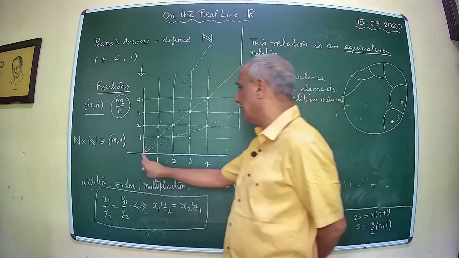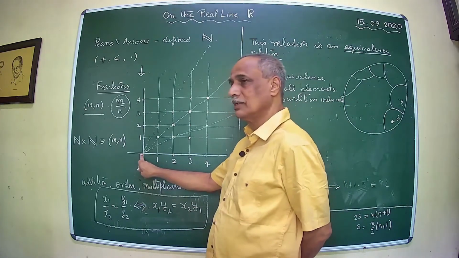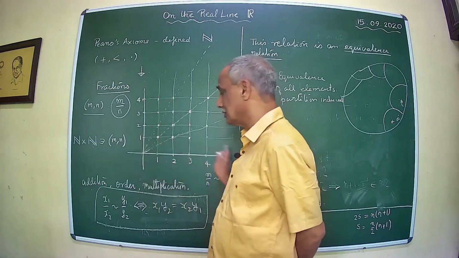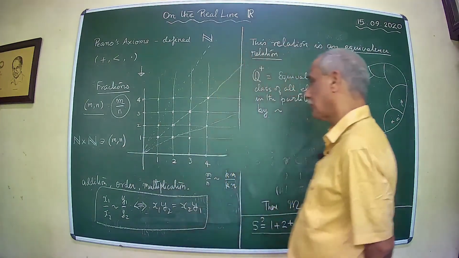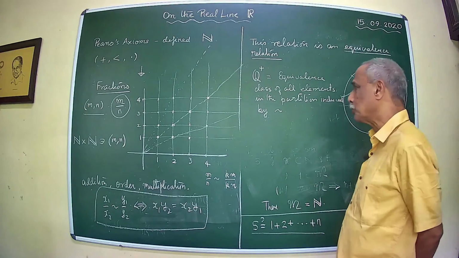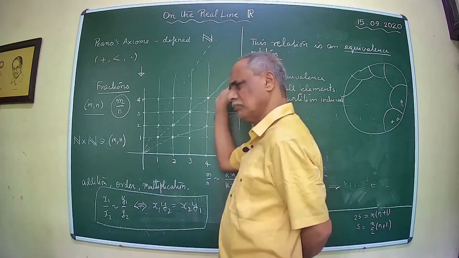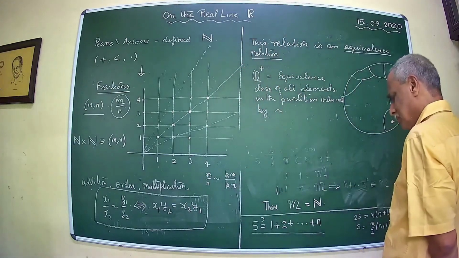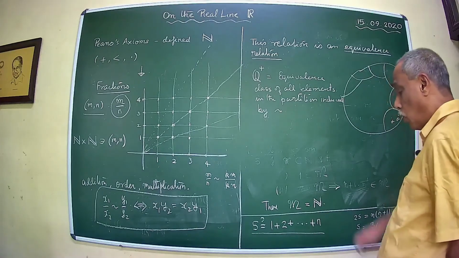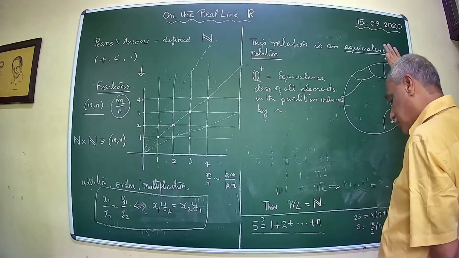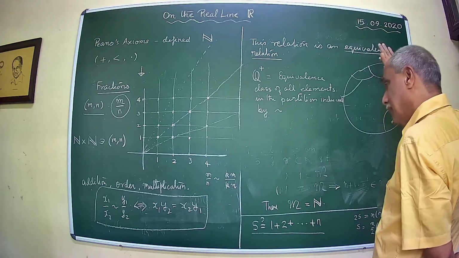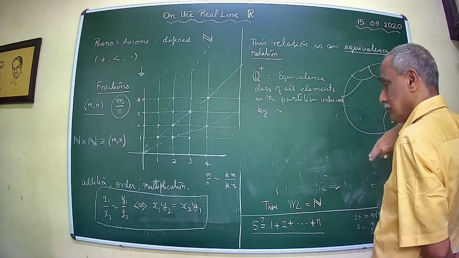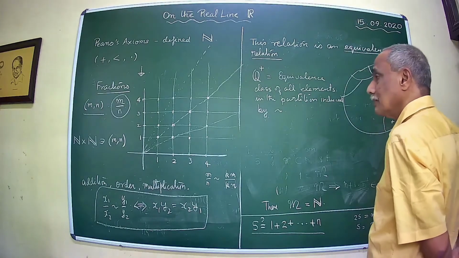If you take any line that starts from the origin in this Cartesian picture and passes through some ordered pair of natural numbers, then all the other ordered pairs of natural numbers that lie on that line are related to it through this equivalence relation.